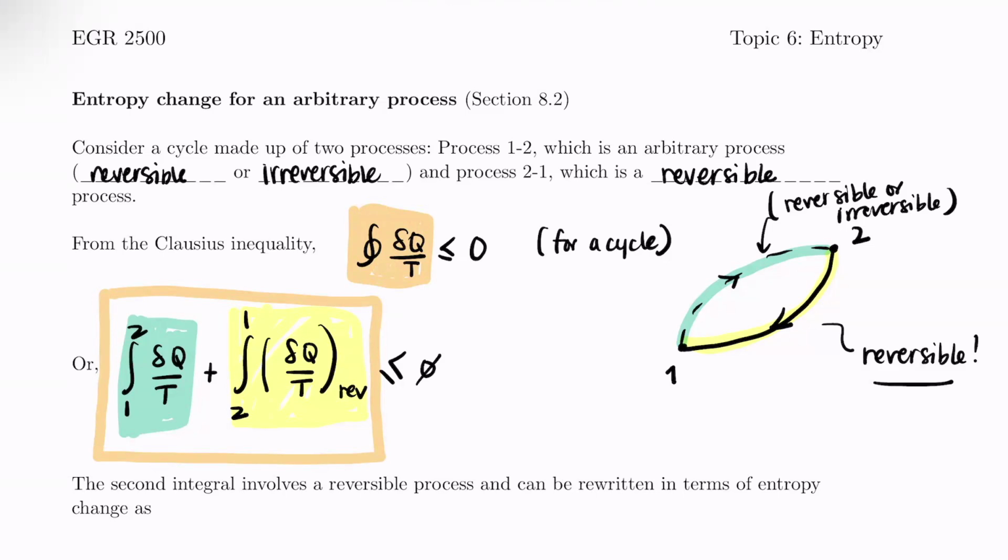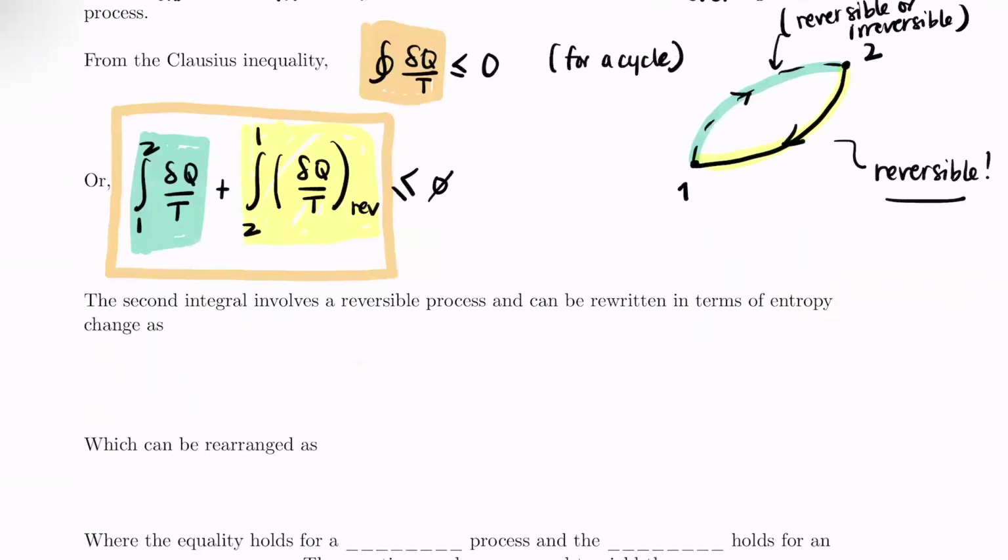Okay, so our second integral that is up here, the one in yellow, is a reversible process, and that was by design because we can rewrite this in terms of entropy change as the following. The integral from 2 to 1 of delta Q over T for that reversible process is equal to S1 minus S2.